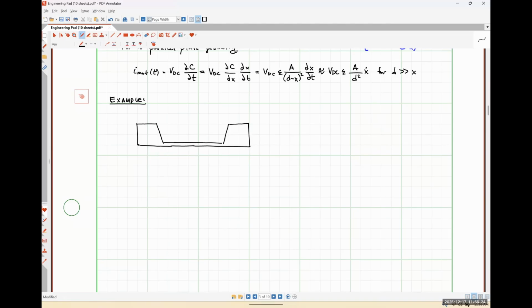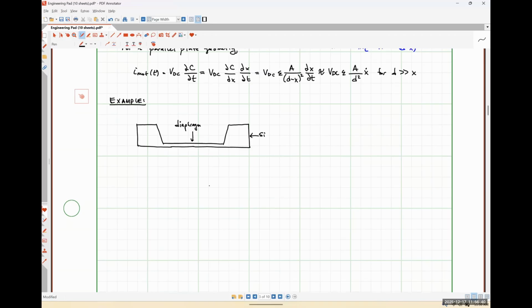So this is one silicon wafer that was etched to produce a very thin diaphragm here, like so. And then this silicon wafer is going to be mounted on top of another structure. So let me draw some stuff here.